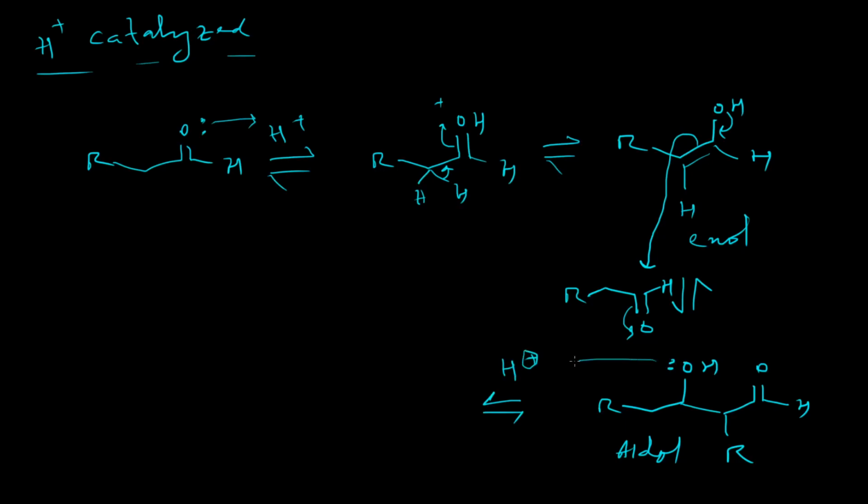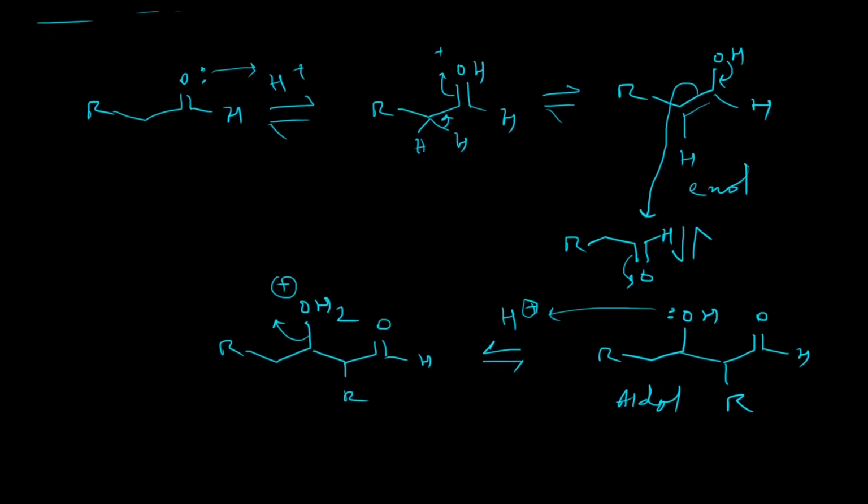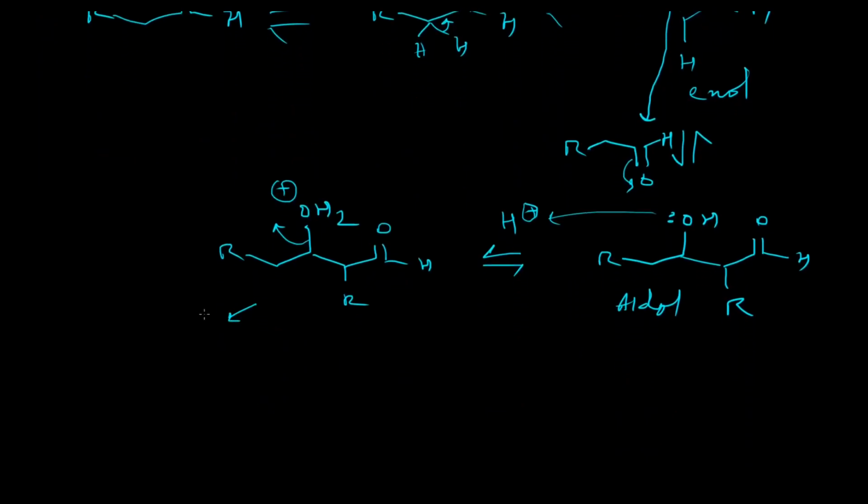this OH group will undergo a protonation, and it will eventually get out from the system, which will lead to the formation of a carbocation. So this is our carbocationic center.